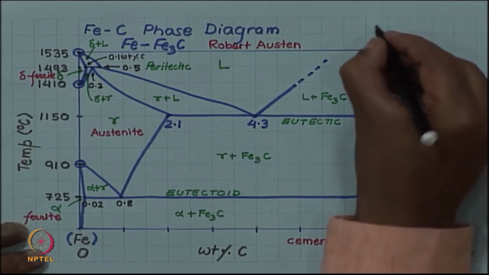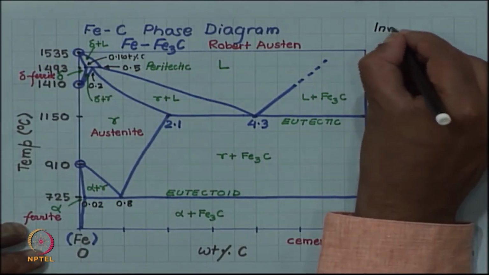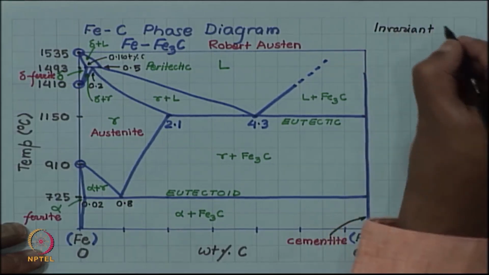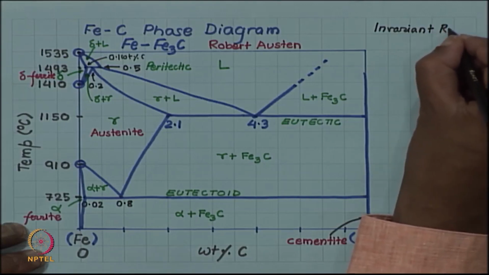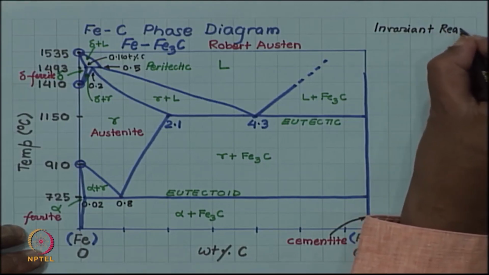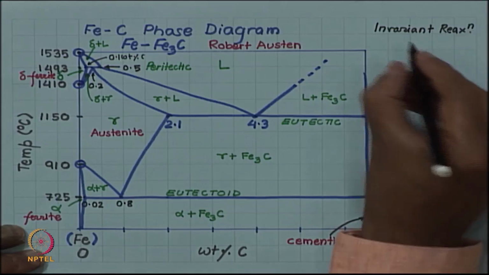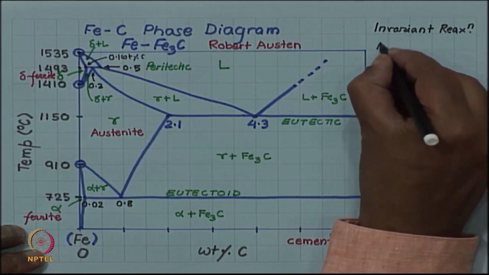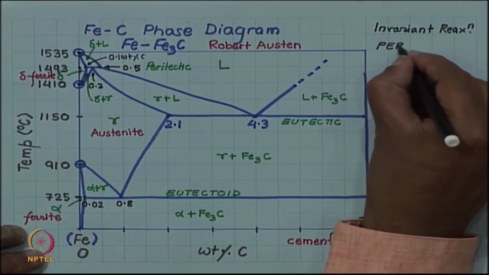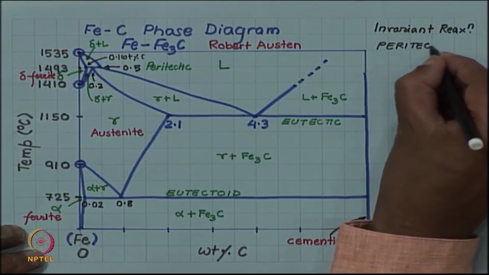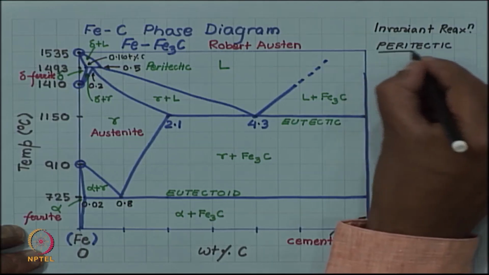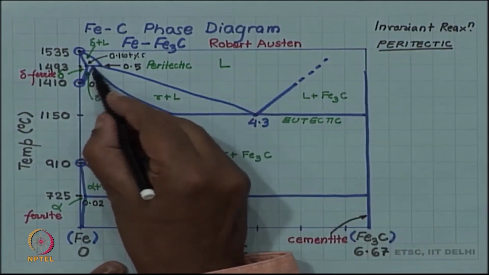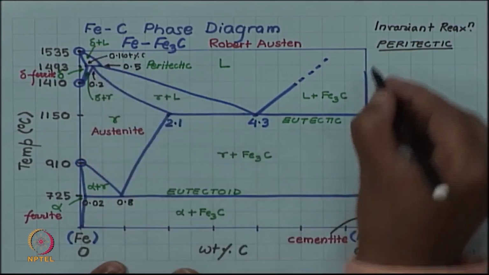Invariant reactions. The first one at the highest temperature is the peritectic. In this you can see that above the horizontal you have the delta plus liquid region.